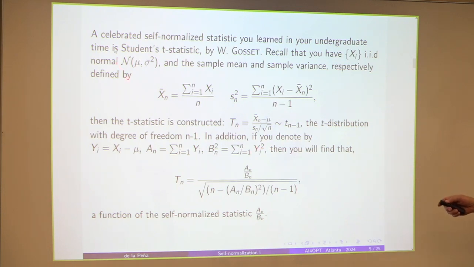Then the t-statistic can be written as the ratio of A_n over B_n over the square root of n minus A_n over B_n squared, which is a function of the self-normalized statistic. Okay?